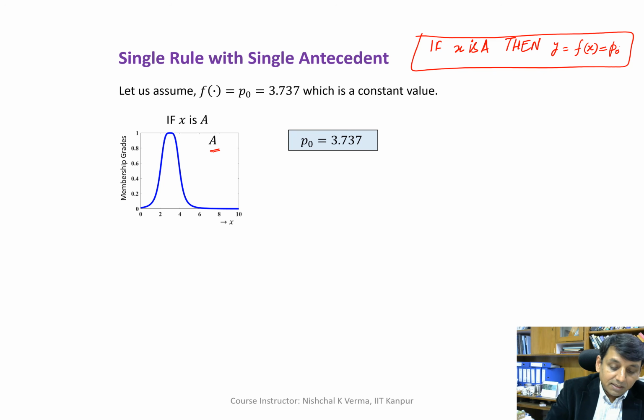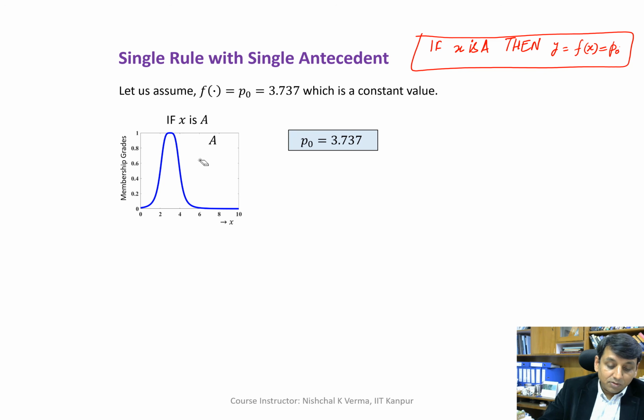Please note that we have A and P0 both known for this model. When we say we have a model, it means all these parameters of A and P0 are known.